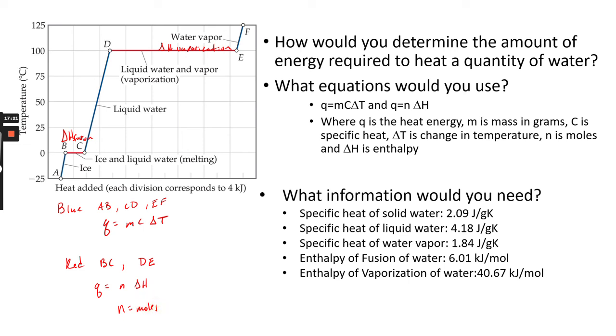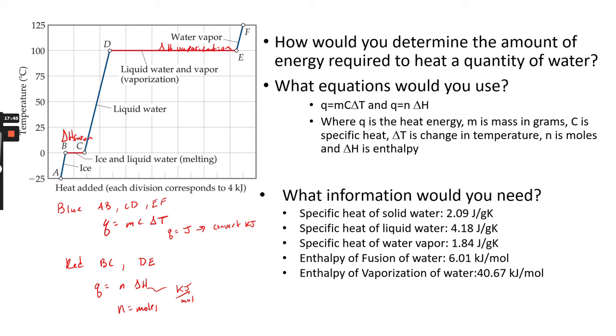You have to be careful. Your delta H is normally given in kilojoules per mole. And when you calculate that, your Q here, you're normally going to get Q in joules. So because we need to add the two together, you have to convert this to kilojoules.